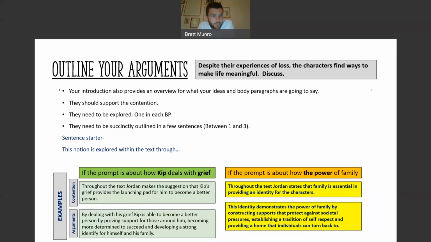So for the prompt about Kip and how he deals with grief, you have the idea that Kip and his grief provides a launching pad for him to become a better person. So we've identified that he's becoming a better person, and there's many ways that he's becoming a better person because of his grief. We could say that his grief leads to him providing more support for those around him.